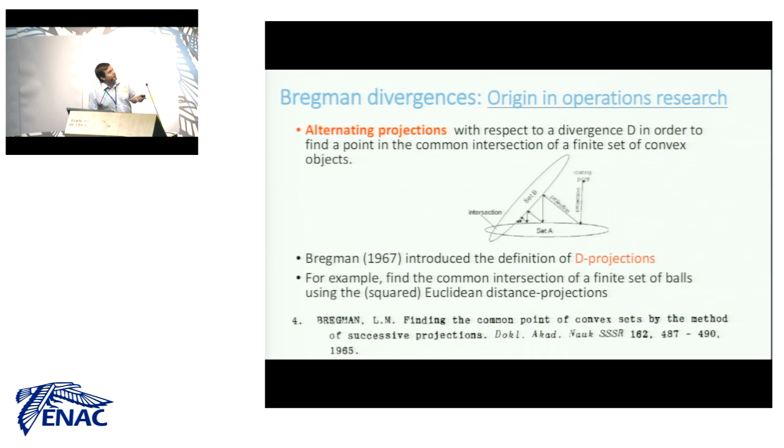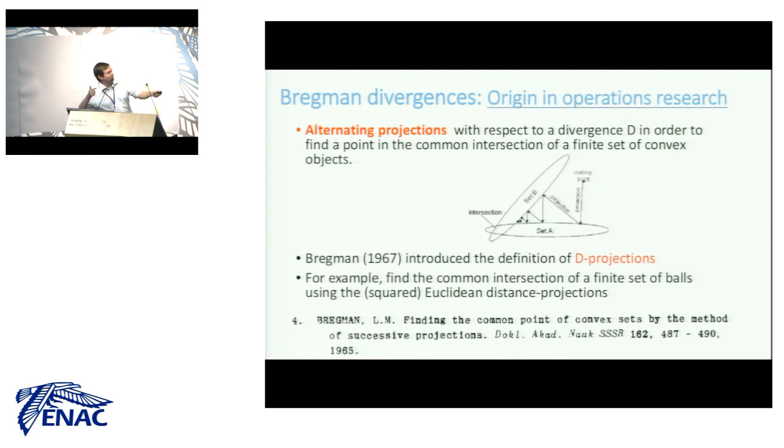Just to conclude, I want to mention that the Bregman divergence originated in the operations research community, where the goal was to find, given a set of convex objects, a common intersection point, if it exists. The method that was used at that time was called alternating projection, where you start from some initial point, and then you project onto the first constraint. Then this point you project onto the second constraint, and then you cyclically make projections onto the constraints.